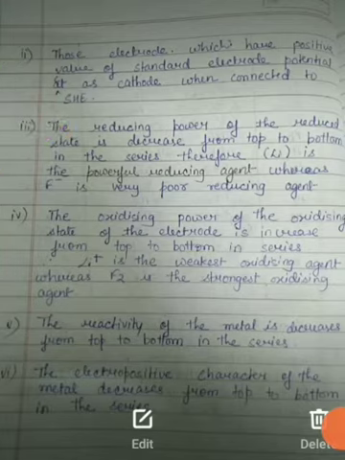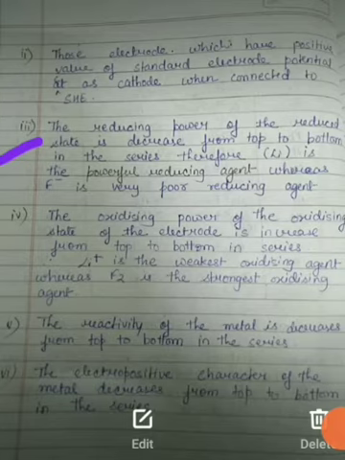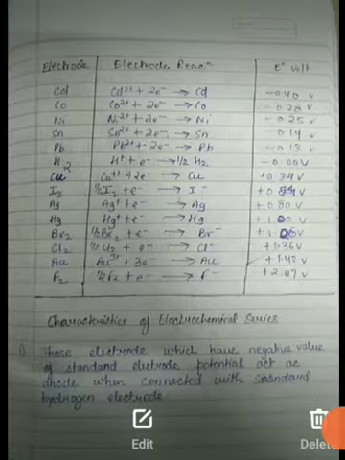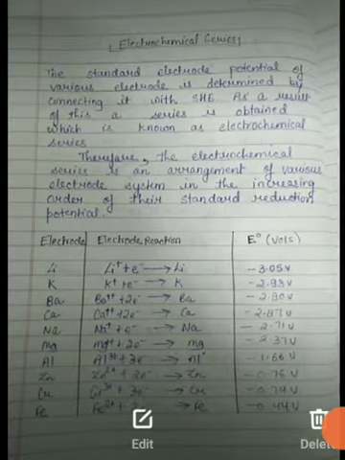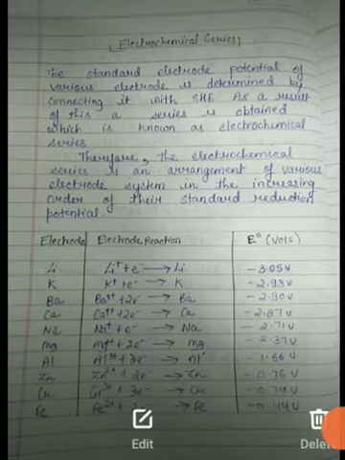Here it is written that the reducing power of the reduced state decreases from top to bottom in the series. You can look here, the reducing power is just decreasing from top to bottom, so the elements present at the top have the most reducing power.